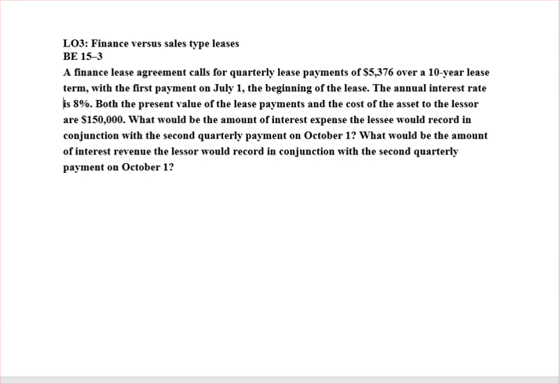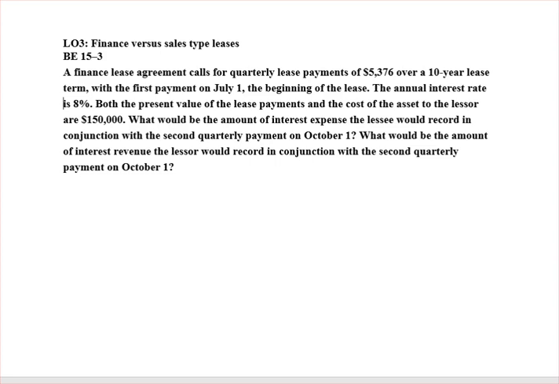So if it's the first quarterly payment at the beginning of the term, that payment is taken out at the beginning of the lease. There's no interest on it. And this is where it gets tricky, because you have to remember that all of that first payment goes down to pay the present value amount of $150,000.